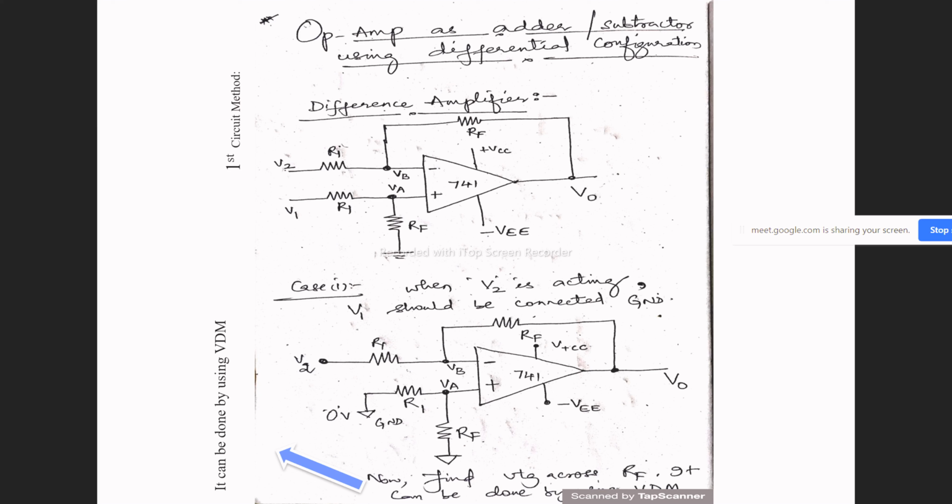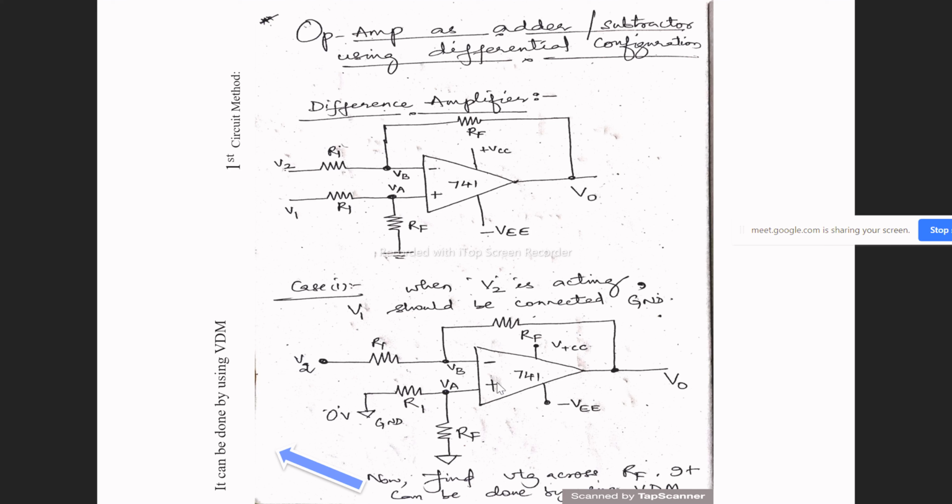Actually, the op-amp takes the inputs which are connected to its terminals itself. It is not bothered about what inputs you are supplying at V1 and V2. It is bothered about what input voltage is applied at the inverting terminal and non-inverting terminal. That is the most important part everyone should understand.